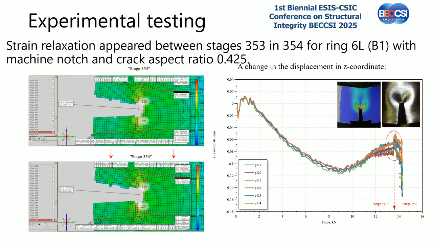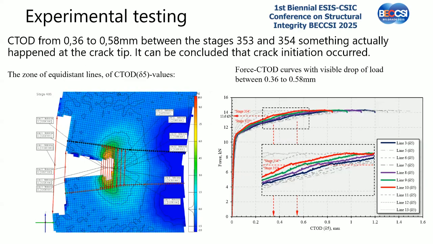So this happens between these two stages, and because we know the force in this stage, then we know the time and force where the crack started. So this is important to know for making the blunting line.